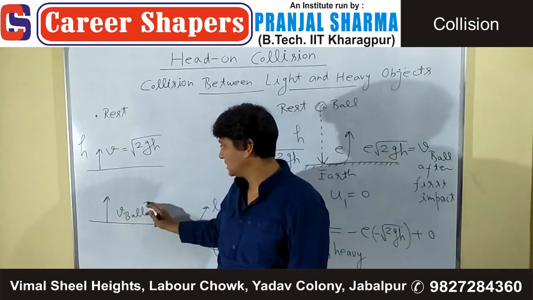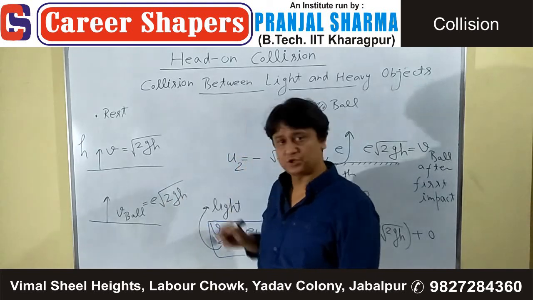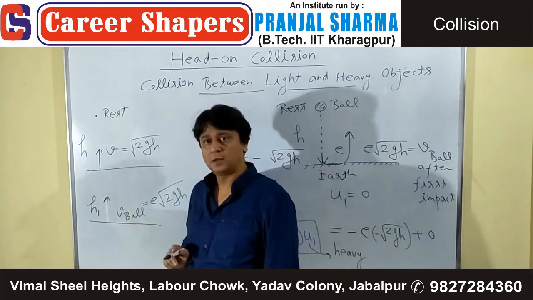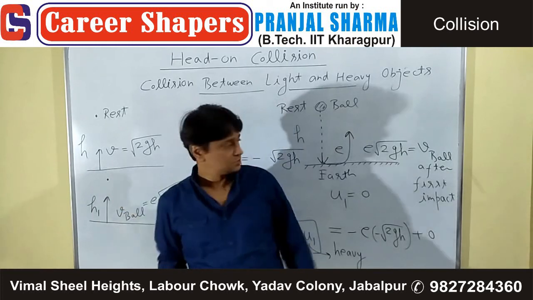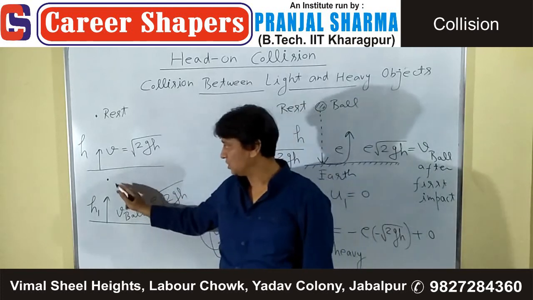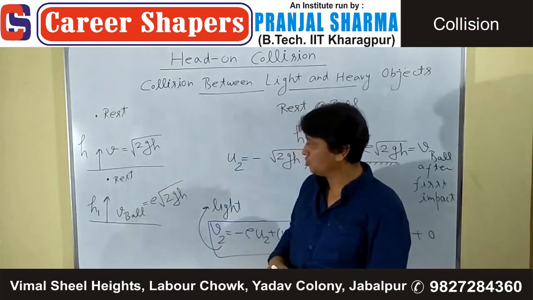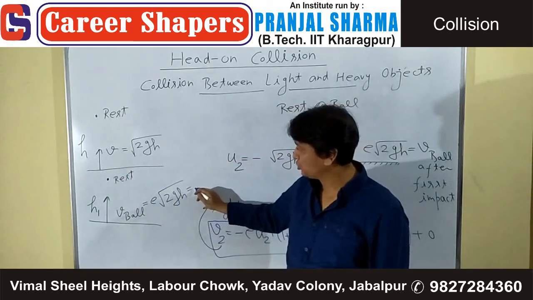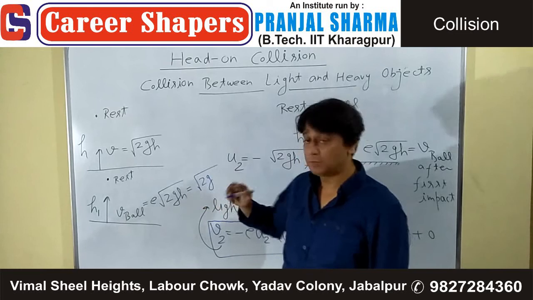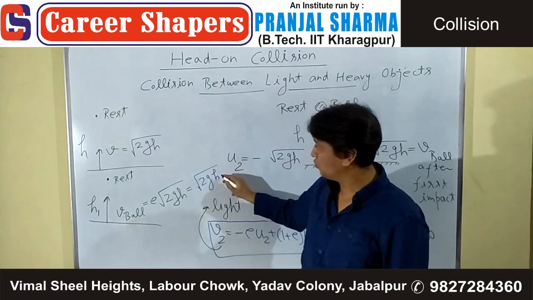Velocity of the ball is e times root over 2gh, and if it goes to height h1 after the first bounce, and ultimately comes to rest, then you know that this e times root 2gh should be equal to root over 2g multiplied by h1.